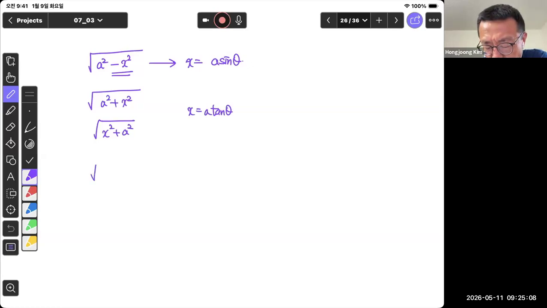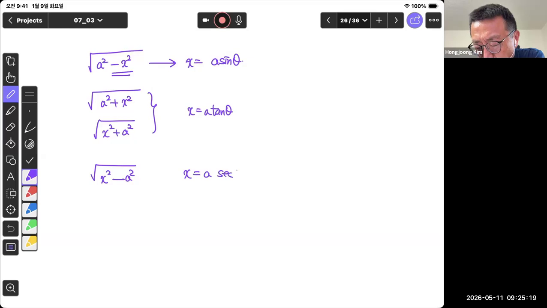Now, if you see x squared minus a squared, then you must replace x with a secant theta, or the hyperbolic cosine t, that is fine, but people usually consider secant theta.